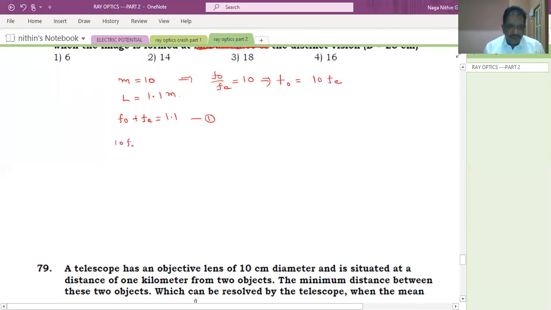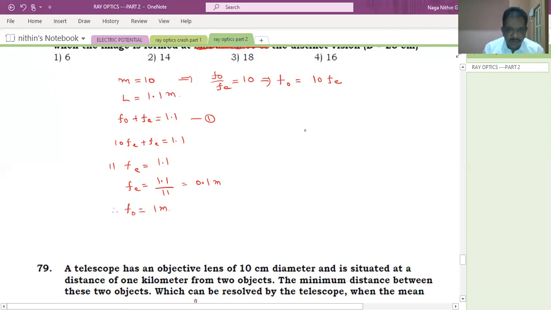So 10 FE plus FE is equal to 1.1. 11 FE is equal to 1.1. FE is equal to 0.1 meter. Therefore, FO value will be equal to 1 meter.